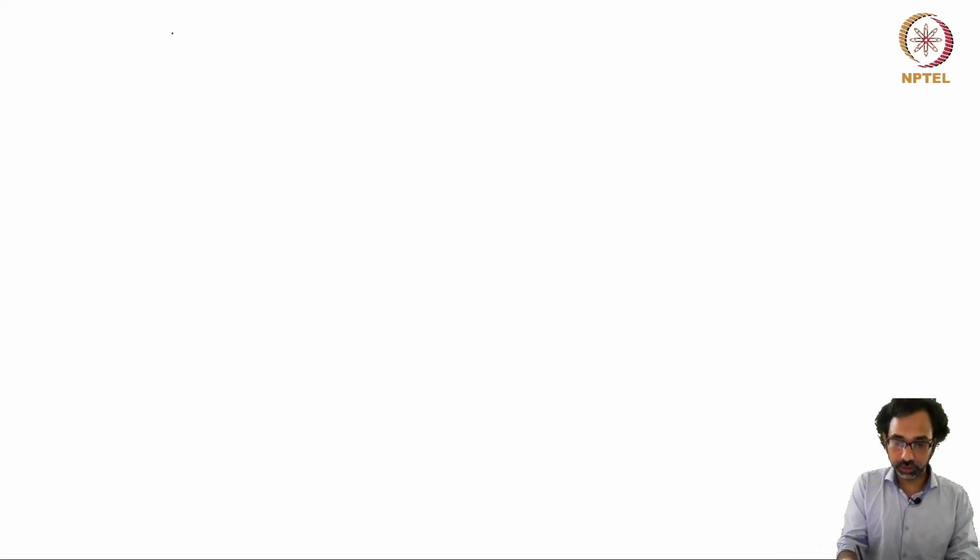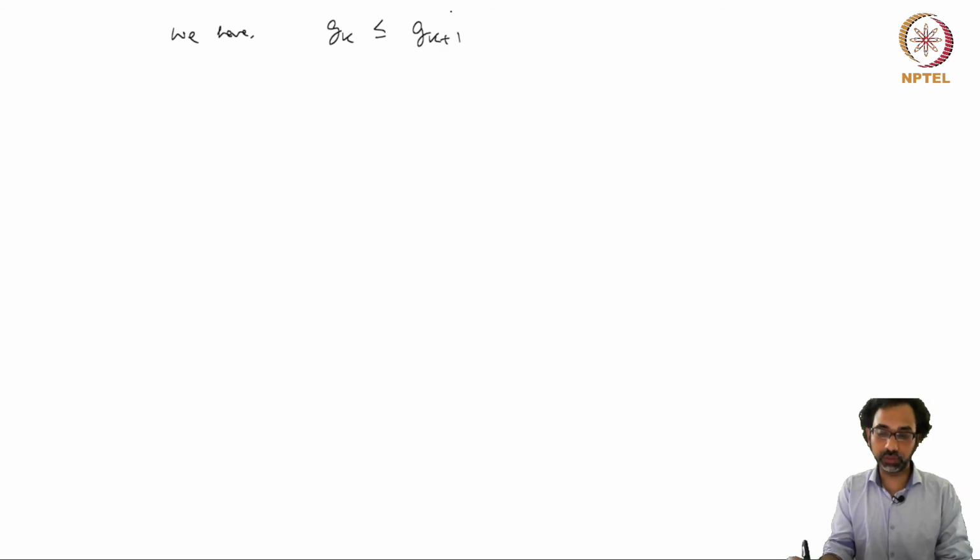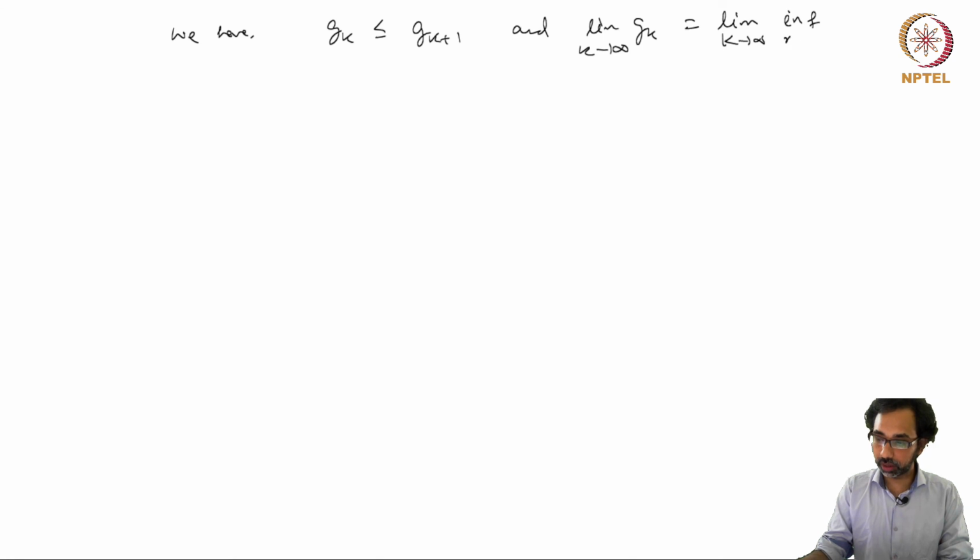On the other hand, we have that gk is less than or equal to gk+1 because we are taking an infimum over a larger set for gk, and so the sequence increases and converges, and the limit of gk as k goes to infinity is equal to the limit as k goes to infinity of the infimum of n greater than or equal to k of fn, and this is nothing but the lim inf of these fn's by definition.